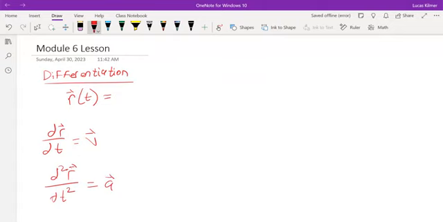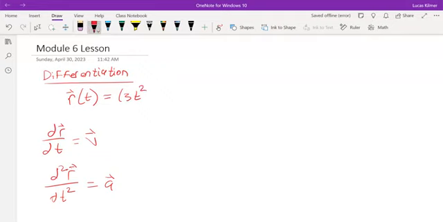An example we can go through, I could just put one up here. Using some vector analysis, we could find out what the velocity is if we're looking at a position vector. So let's say I have a position vector. I got this one off of line. It was a really nice way to encapsulate a few different pieces.